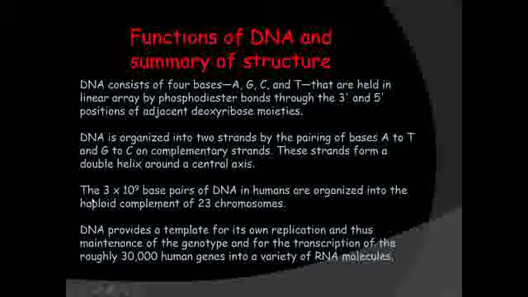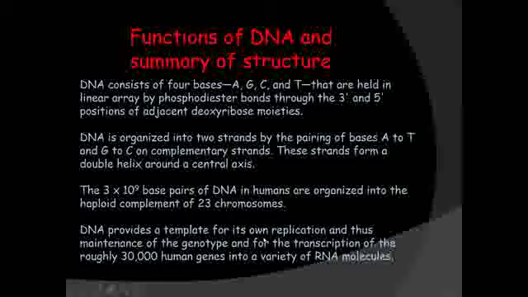When we talk about humans, because we are humans and we are interested in the information related to humans, there are approximately 3 times 10 to the power 9 base pairs of DNA in humans, which is organized into a haploid content of 23 chromosomes. And DNA provides a template for its own replication and also for transcription.